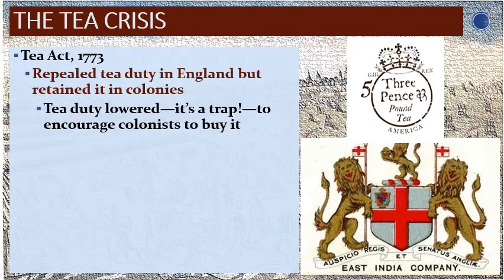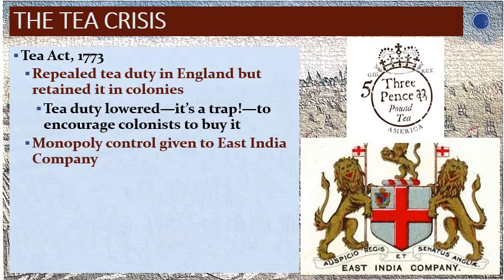And the colonists look at it and go, it's a trap. What the British are trying to do is to get us to buy tea at the lower rate and just therefore admit that we're okay being taxed. If we buy into this, we're just admitting that the tax is okay, and all we really care about is the price.